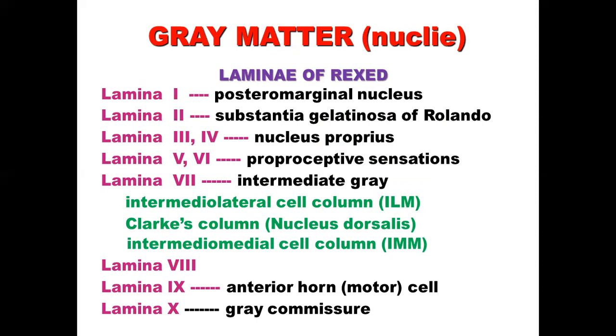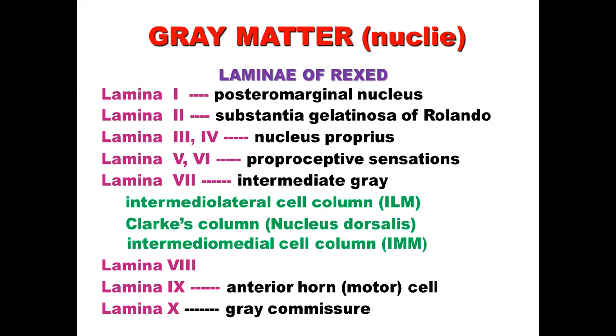This is the nucleus responsible for pain and temperature, and it forms the cell body of the second order neuron for pain and temperature. And anterior to lamina 2 are laminae 3 and 4 that contain nucleus proprius, and nucleus proprius contains cell bodies of the second order neuron for the simple touch sensation.